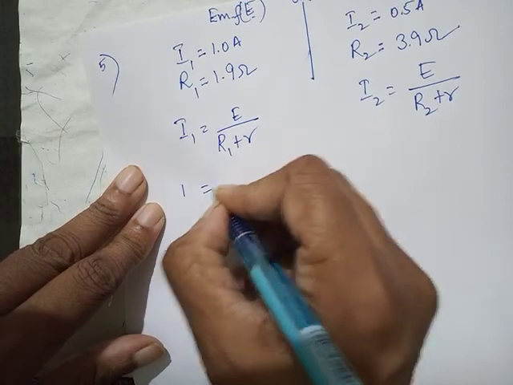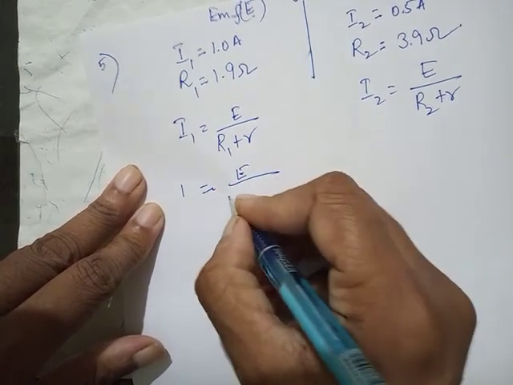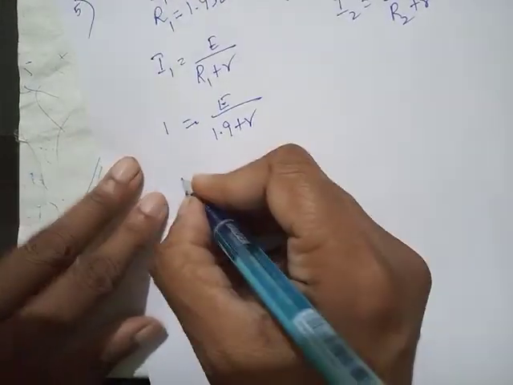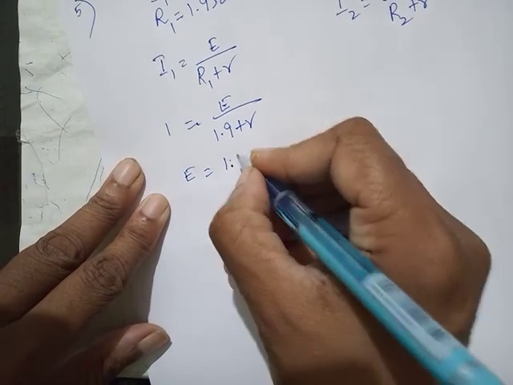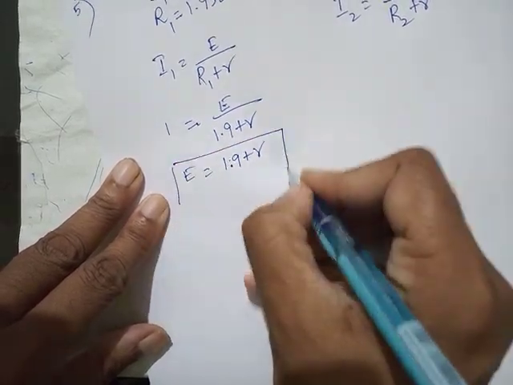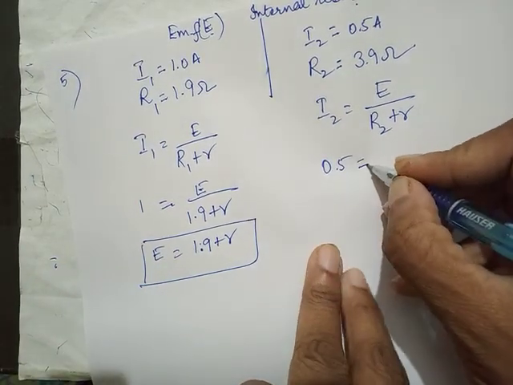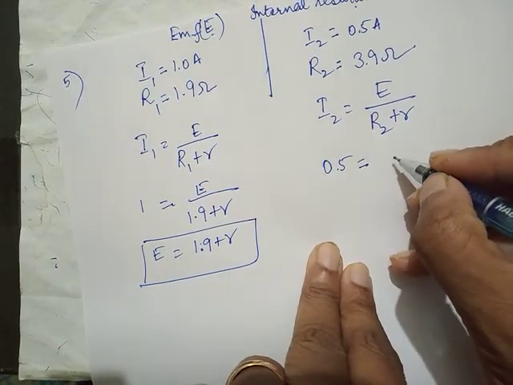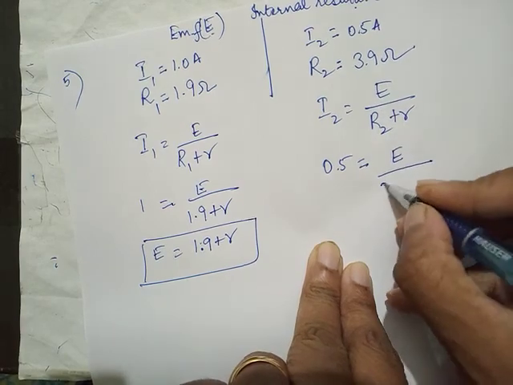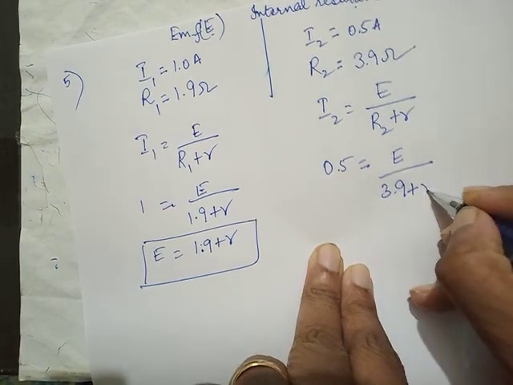So 1 is equal to E upon 1.9 plus R, or E is equal to 1.9 plus R. This is one equation. And then here 0.5 is equal to E upon R2, which is 3.9 plus small r.